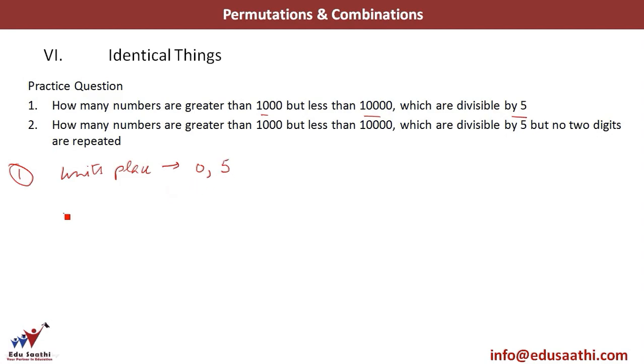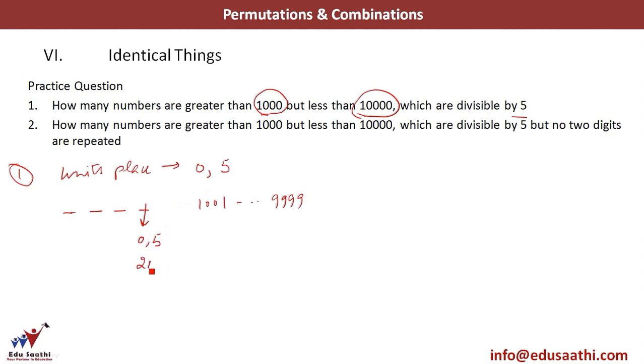Now I'll have to form a 4-digit number, because I want greater than 1000 but less than 10,000. So my number range is actually 1001 till 9999. In how many ways can this units place be filled? According to the divisibility rule, there can only be either a 0 or a 5.